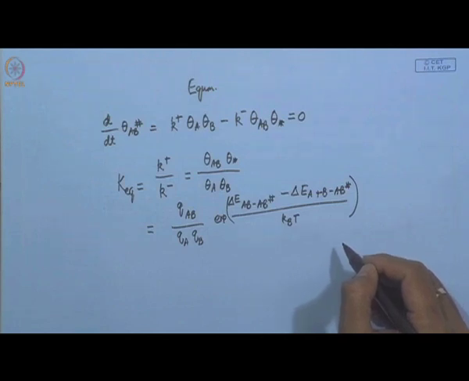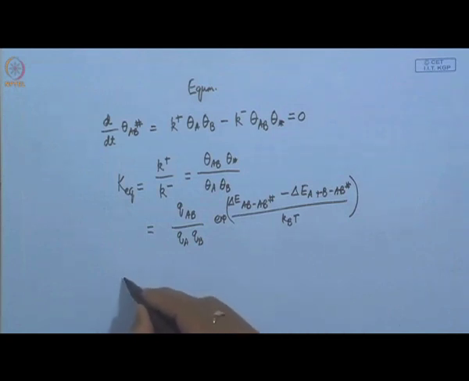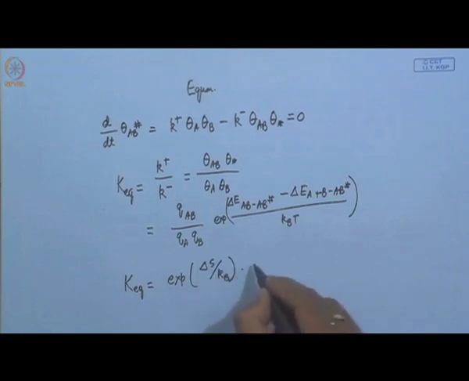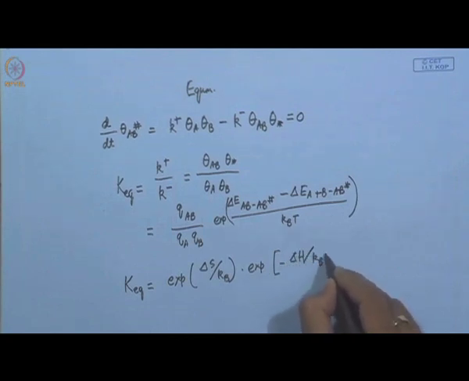So basically, from already studied expressions, K equilibrium can be written as exponential to the power delta S divided by kB into exponential to the power minus delta H divided by kBT.